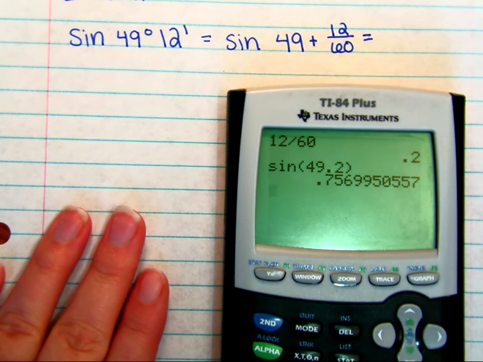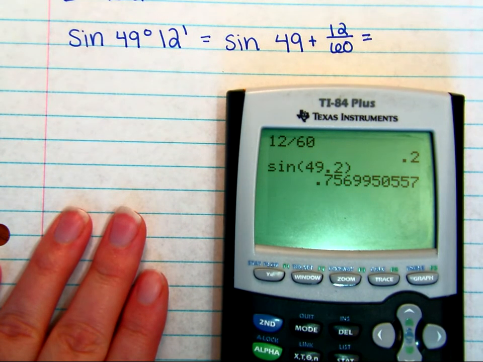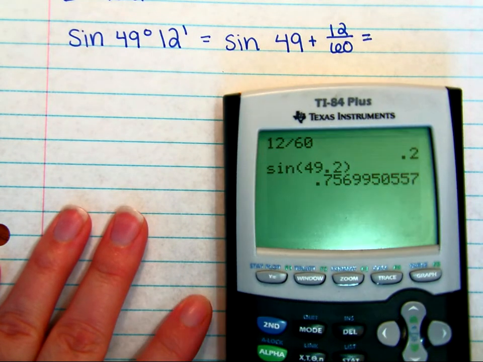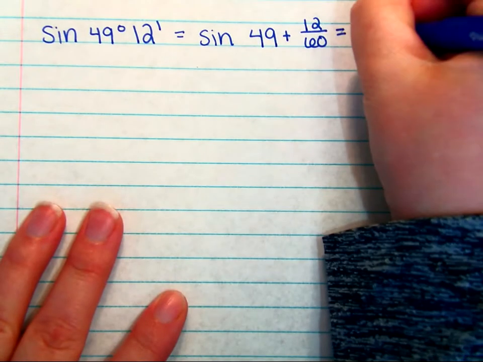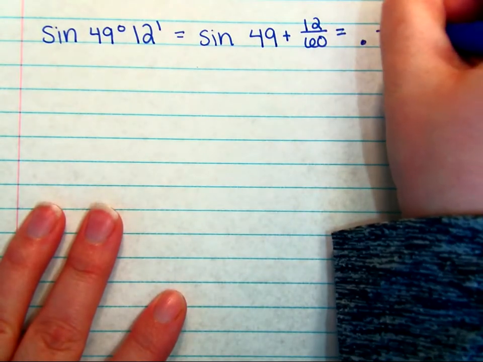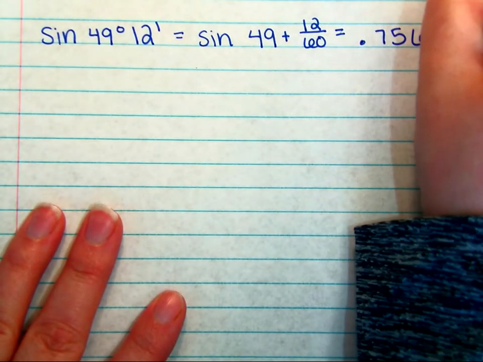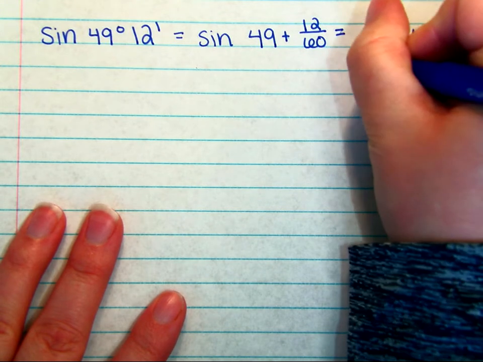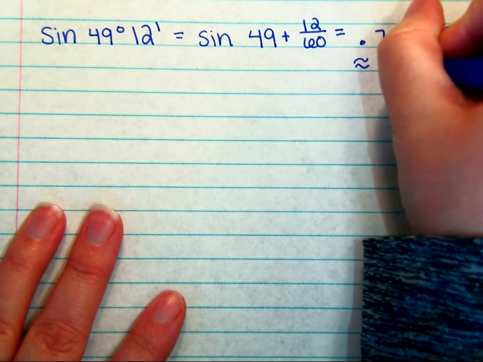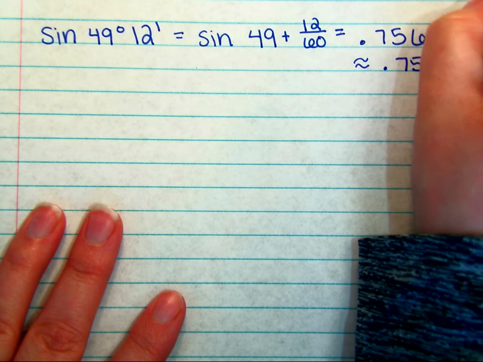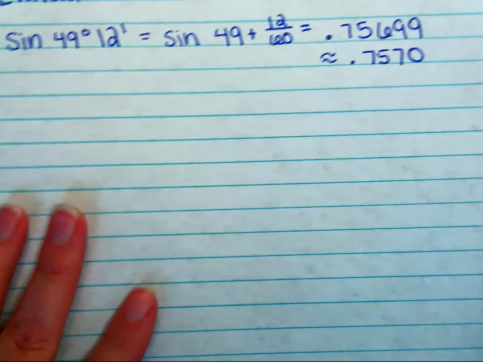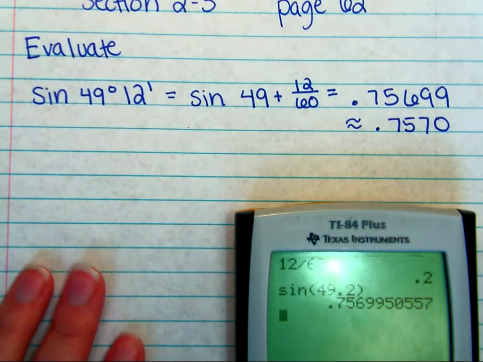Okay, let's round to 4 decimal places. So it's about .7570. Okay?